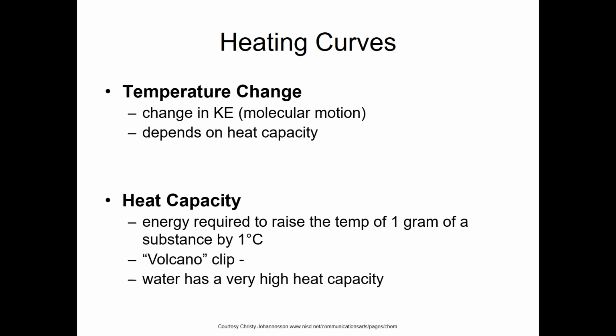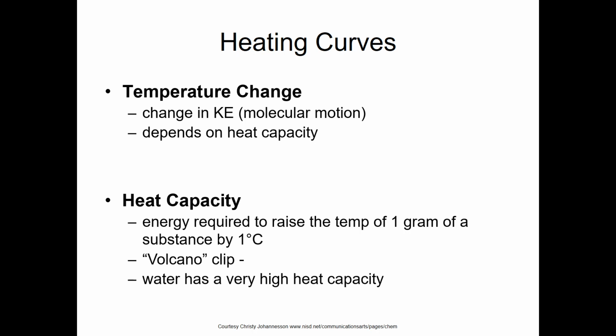Heat capacity is the energy required to raise the temperature of 1 gram of a substance by 1 degree Celsius. You'll see this definition. Sometimes this will be called specific heat, so I put parentheses around this and say specific heat. You'll sometimes see the definition be 1 kilogram by 1 Kelvin.